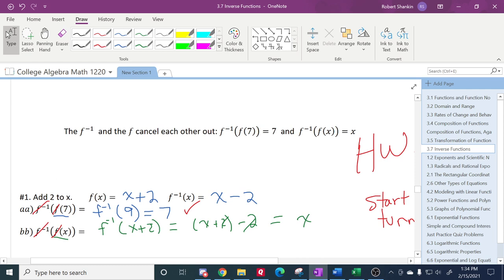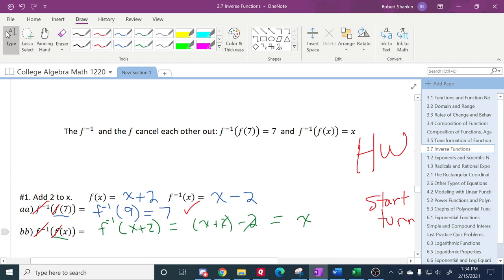But how do we verify that these two functions are indeed inverses of each other? Well, if you do f and then you do f inverse, remember, they always go from the inside out. If you did f first, the 7 becomes a 9, and then f inverse chops 2 off and gets you down to the 7.